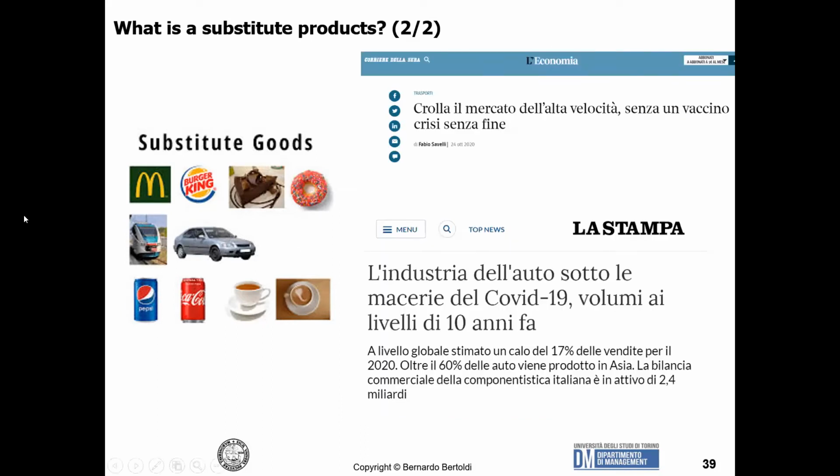On the other side, you have the other example, trains and cars. Trains and cars are not in the same industry, they are substitutes. You can decide either to use a car or to use a train, but the structure, the value system, the way in which you produce the products and provide the services are completely different. Therefore, these two industries do not act together.